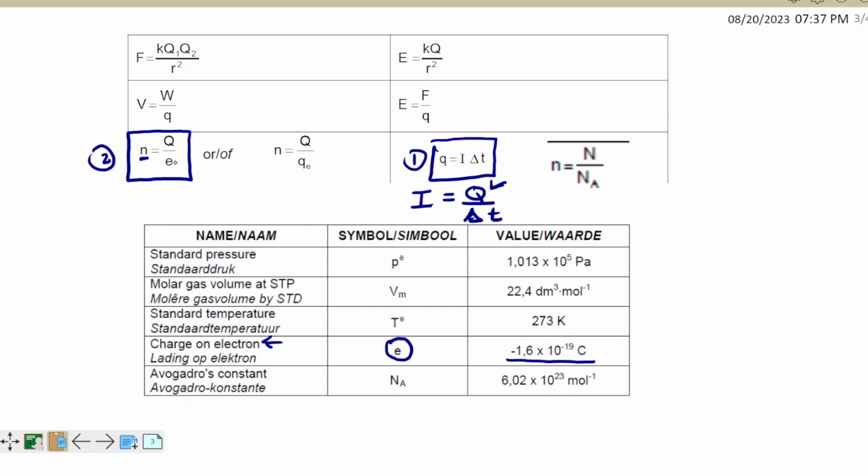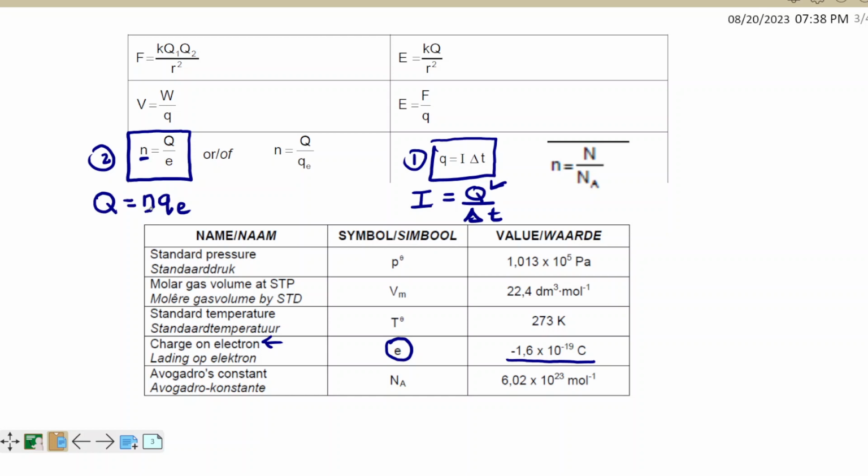But what does the N stand for? Now this N is the number of electrons, or the number of particles. In other words, the charge is equal to the number of particles multiplied by the quantization of charge.